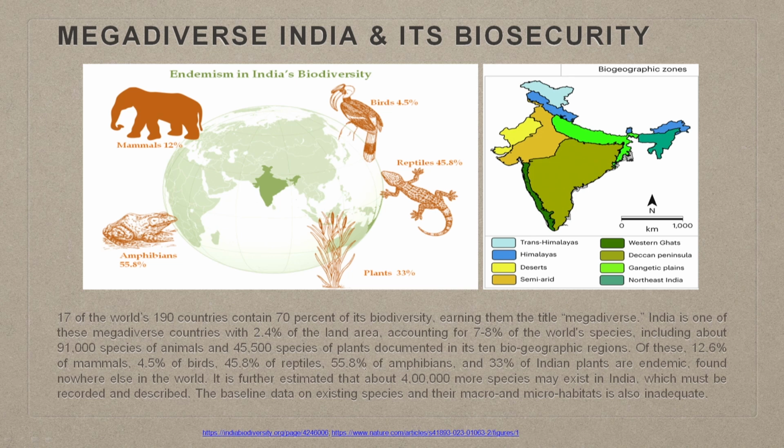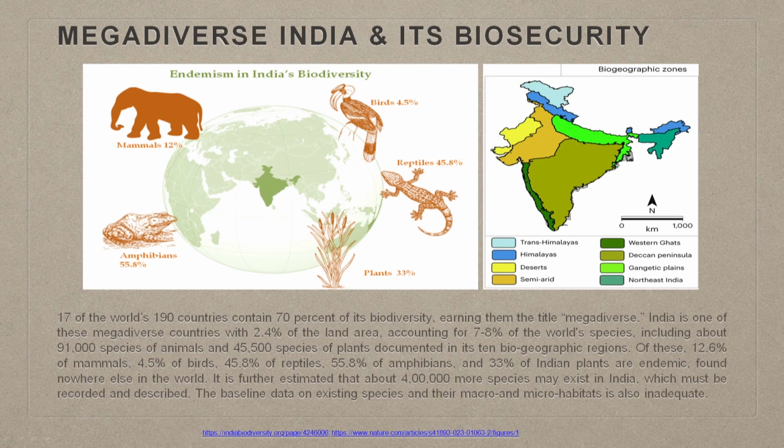The Deccan Peninsula is central India, mostly Madhya Pradesh, Chhattisgarh, and as you go down, Andhra Pradesh, Tamil Nadu and Karnataka. Then the Gangetic Plains, all the way from Uttar Pradesh, Bihar and part of West Bengal. And then you have Northeast India.